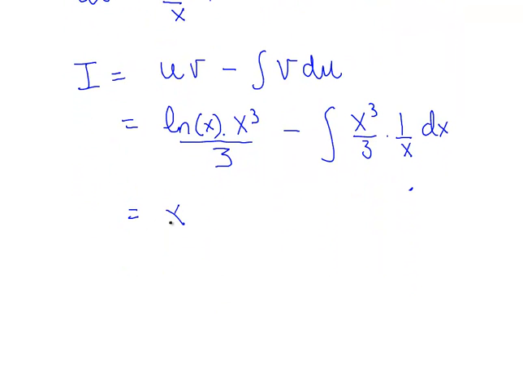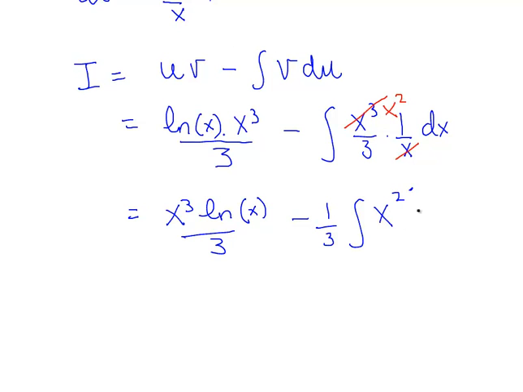Let's tidy that up a bit. Traditionally, we put the x cubed term first, and then log of x, since people are used to it that way. Leaving it alone isn't against the rules either. x cubed divided by x gives us x squared, and we can take the 1/3 out, so minus 1/3 the integral of x squared dx.